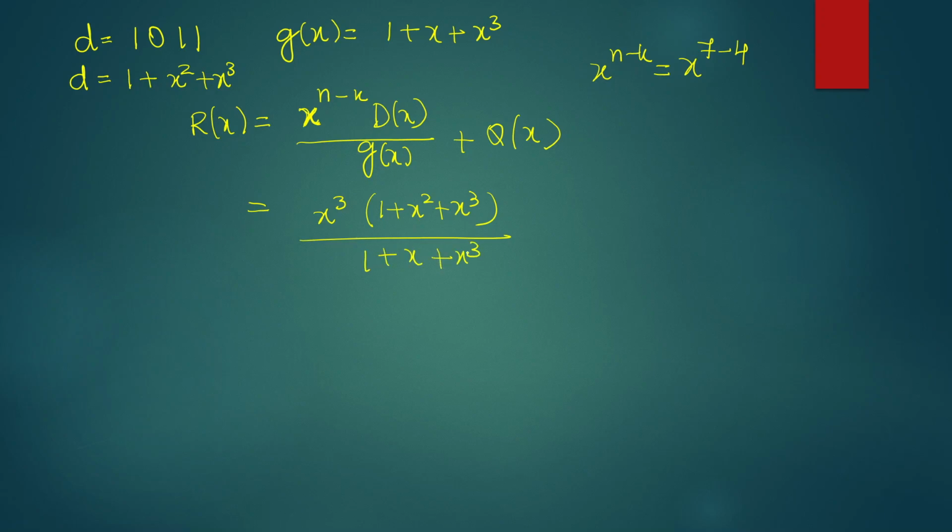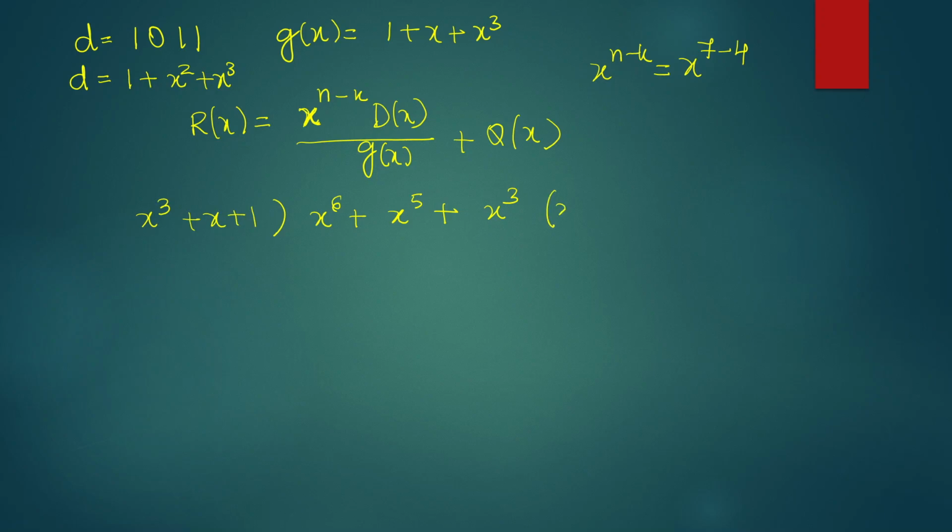Let us do that. Once we multiply x cube with the data, the dividend that we get is x cube into x cube is x power 6, x square into x power 3 is x power 5, plus x power 3. The generator polynomial is x cube plus x plus 1. So let us divide this. The first term would be x power 3.